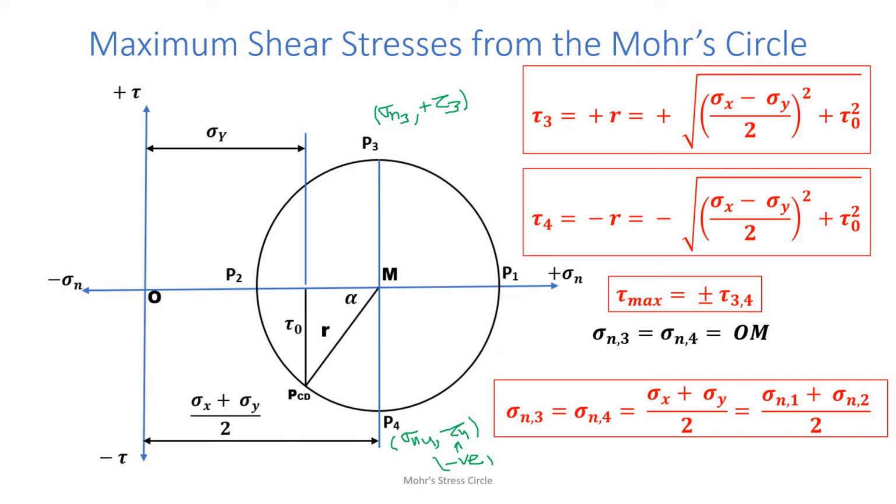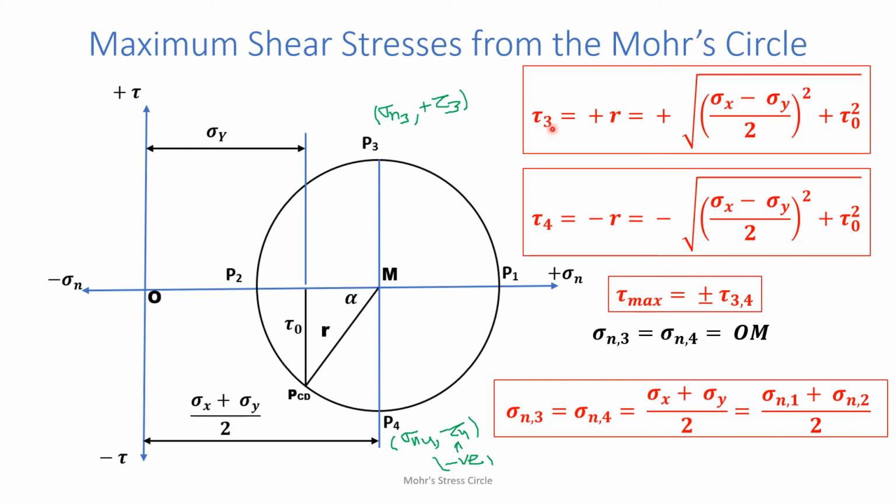So simply, the direct stress is this much, equal to OM, and the maximum shear stress for the P3 plane is MP3 and for the second, MP4, and is negative. So MP3 and MP4 are the radius.